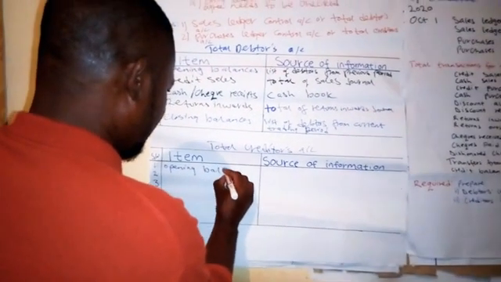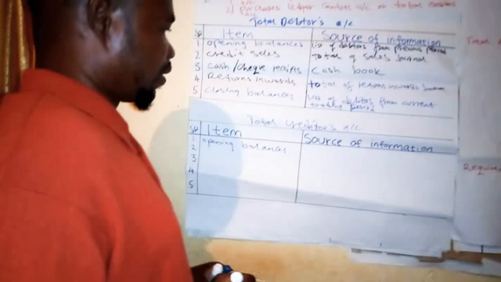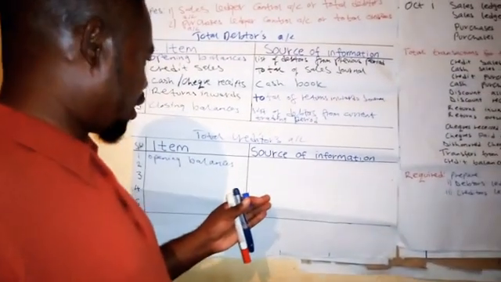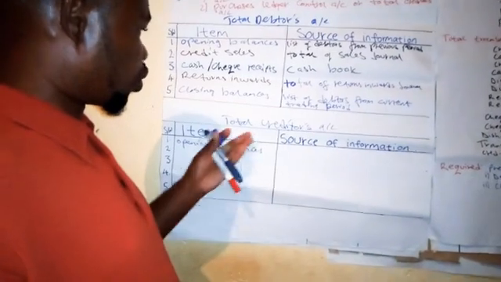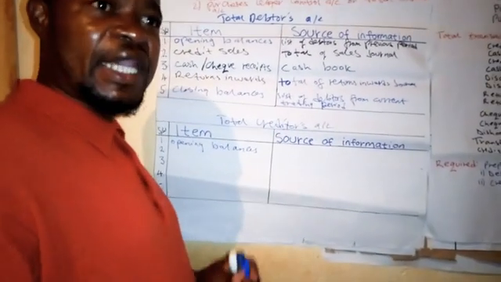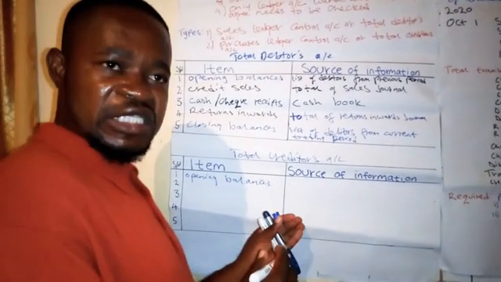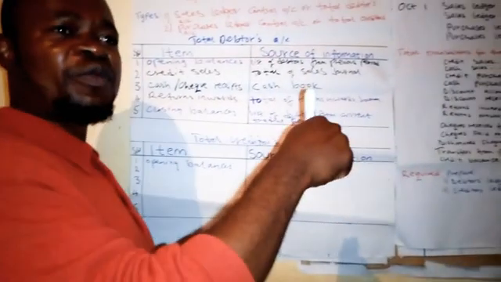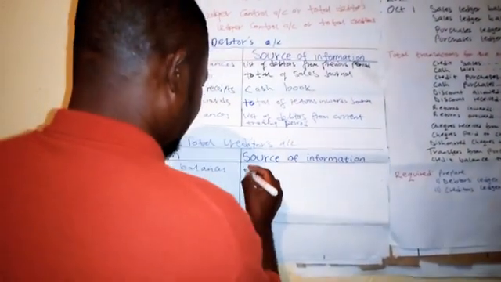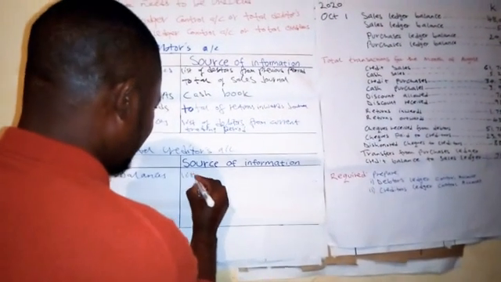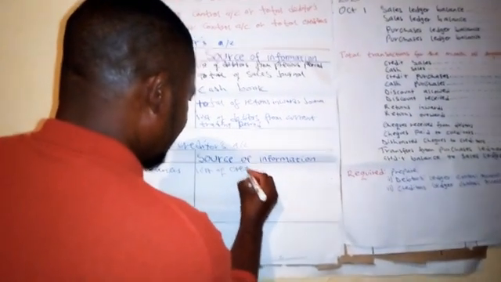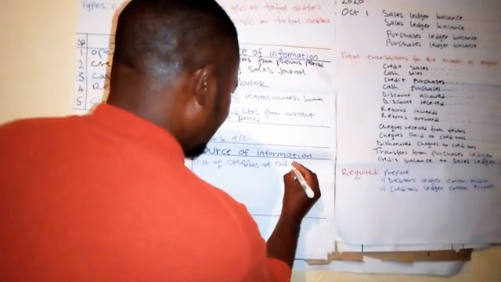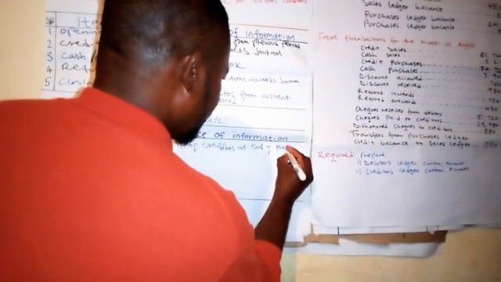The opening balances for the purchases ledger control account or total creditors account come from the list of creditors at the end of the previous period.